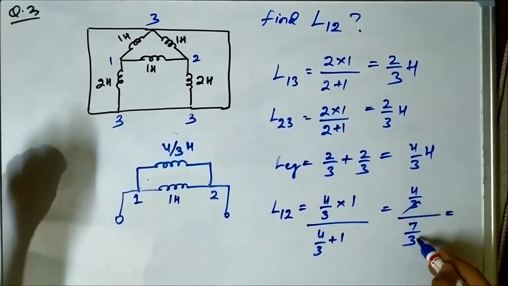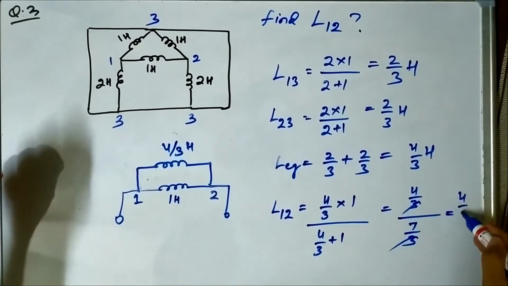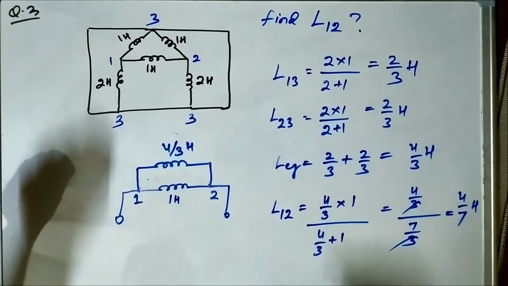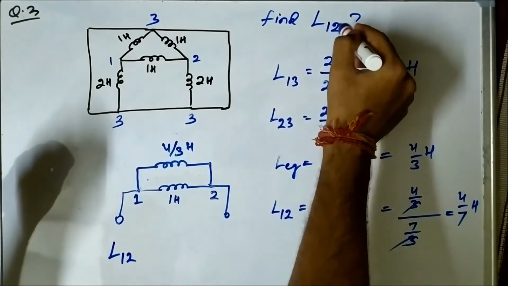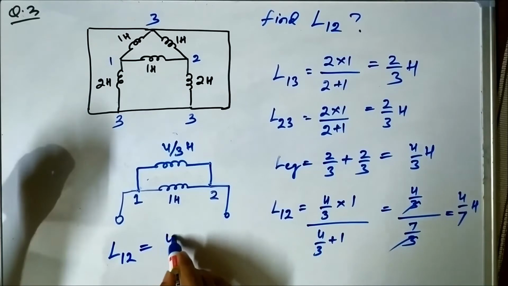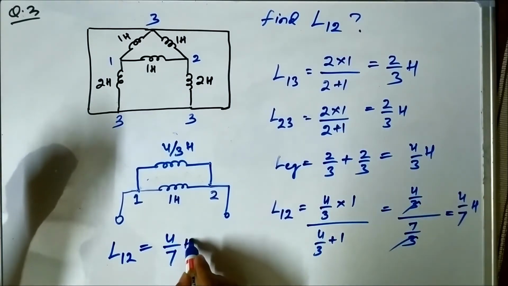The 3 gets cancelled, giving 4 by 7 Henry. So the equivalent inductance between points 1 and 2, which we were supposed to calculate, is 4 by 7 Henry.